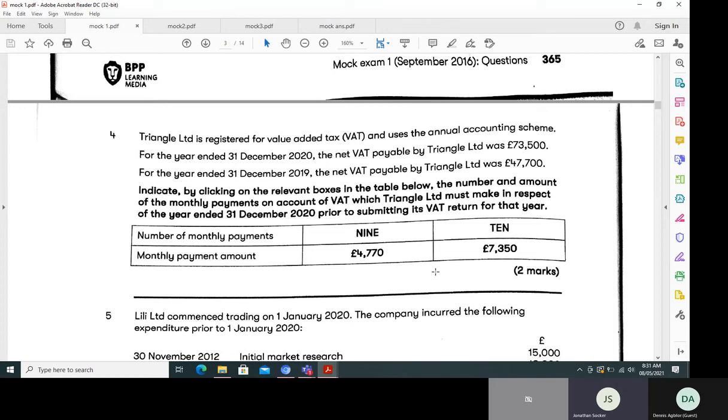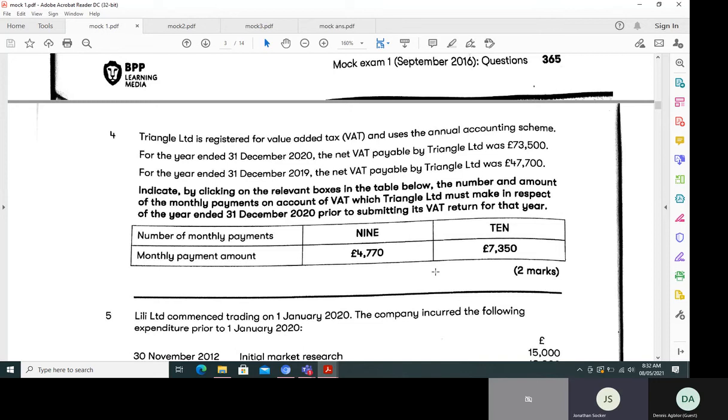So if you are in, let's say, 2021, the amount you pay as installments for 2021 should be based on the VAT paid in 2020. Suppose you paid 50,000 in 2020. You take 10% of that 50,000, that will be 5,000. It means that in the current year, 2021, starting from April, you'll be paying 5,000 over the 9 months, from April to December.